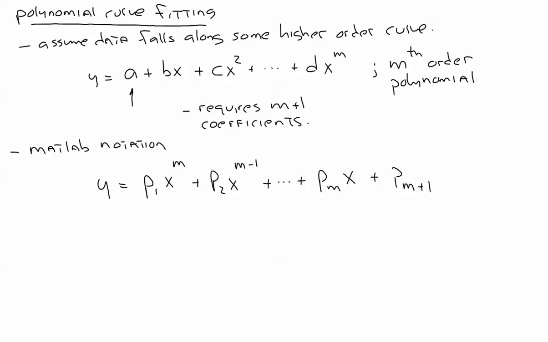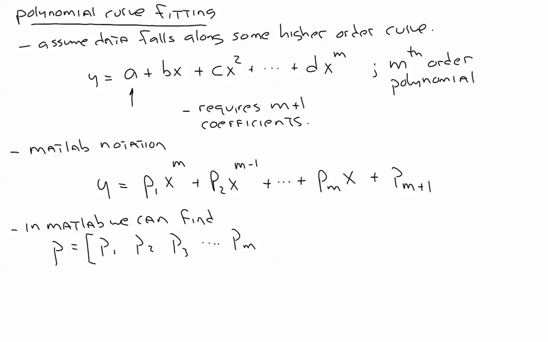In MATLAB, we can find P, which equals P1, P2, P3, through Pm, Pm plus 1. This is a one-dimensional vector.